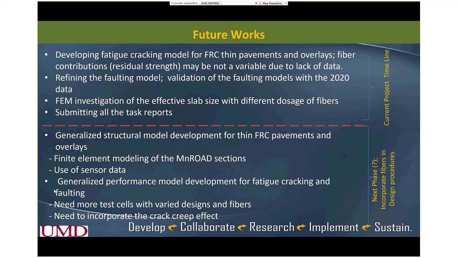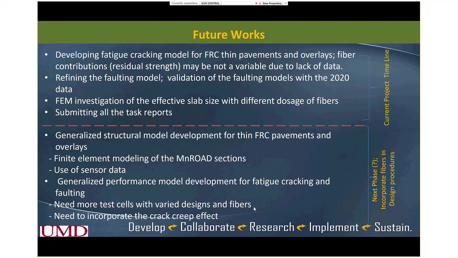So in order to create a generalized model, we need more data, probably more test cells, so that the model we develop can be used for different states. So more test cells maybe in the next phase with varied designs, and also we did not use different fibers. Maybe next time we should construct some cells with different types of fibers, which is important.